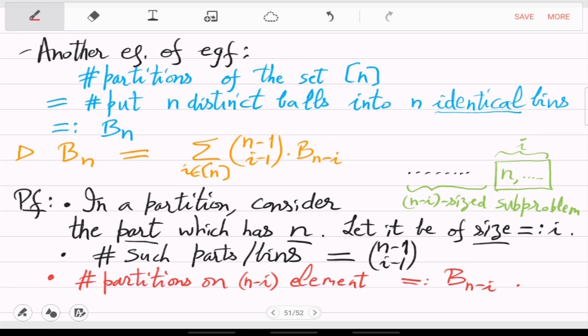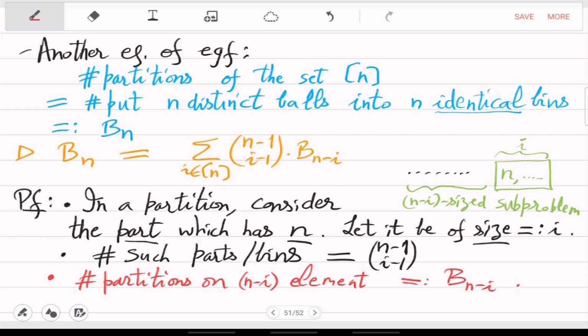Now on this, the black count and the red count, you will do what? Can you do the product rule? You can do the product rule, because for every choice in this black count, there is an independent choice in the red count, right?